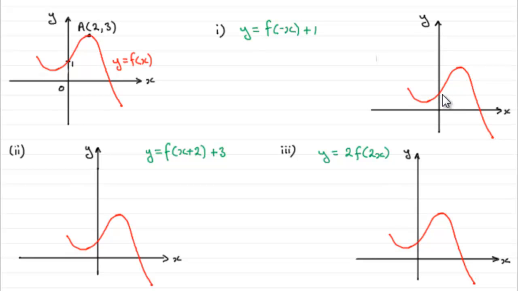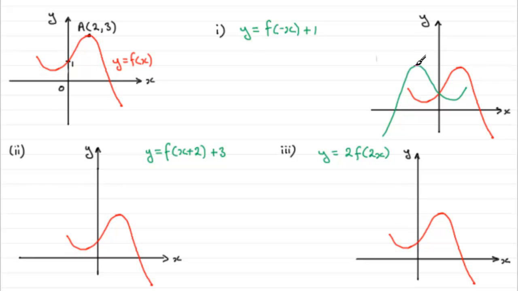So this point here at 0, 1 is going to remain invariant, it's not going to move. So let's just see what it's going to look like. If we were to reflect this, we'd get this particular graph. And as you can see, this point remains invariant.